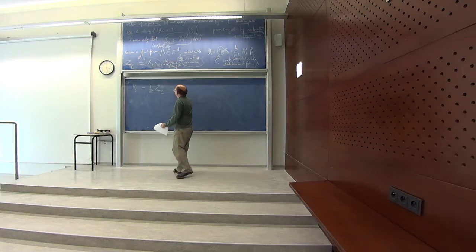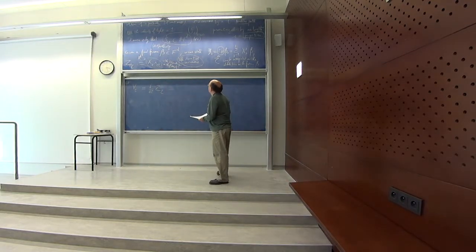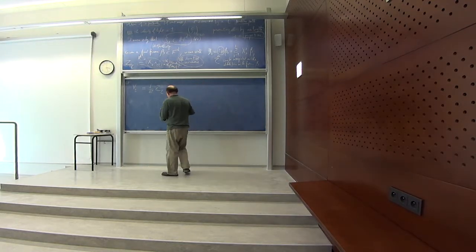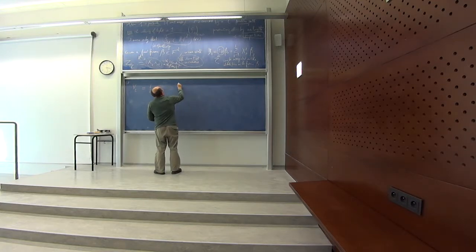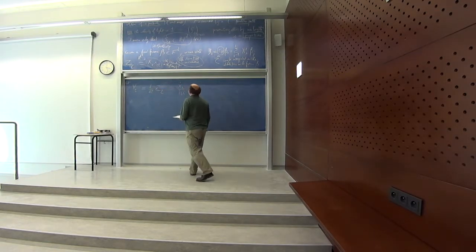Of course, by the chain rule, very simply, this is the same as x point s over the derivative of t of s.